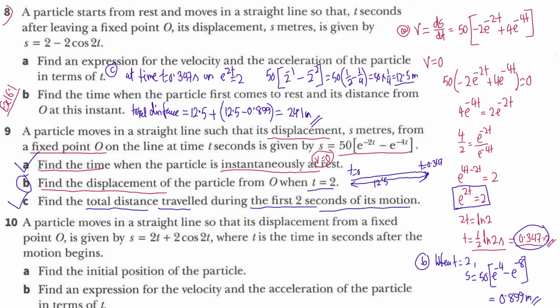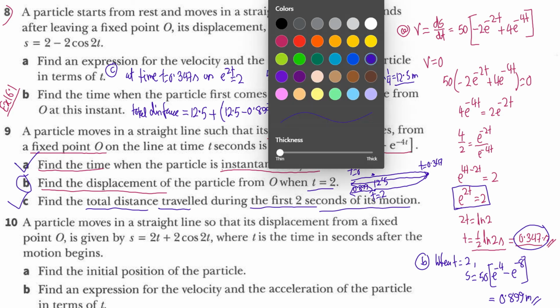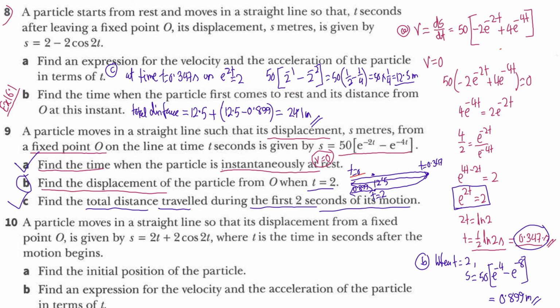Then it comes back close to the point t equals 2, and the distance from there is 0.899. That's why this is the total distance it covers from t equals 0 to 2 seconds. So the second one is 12.5 minus 0.899, and the previous one is 12.5. The addition of these two values is the answer to this question.